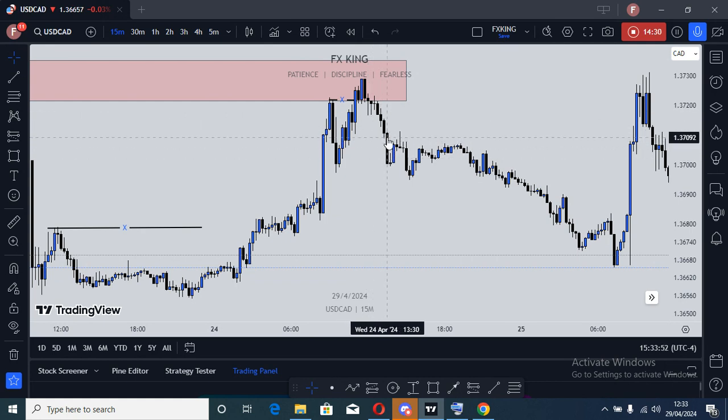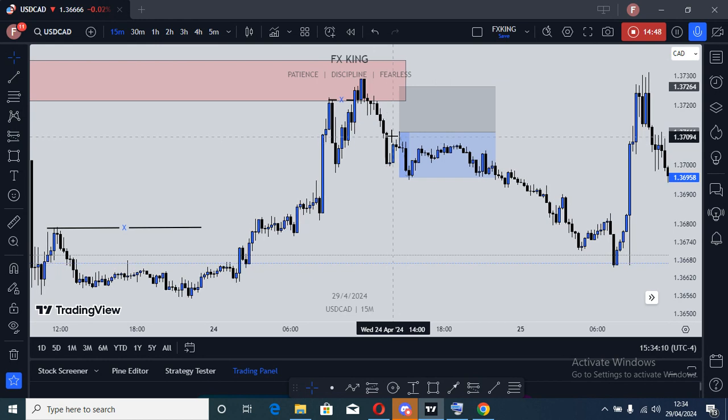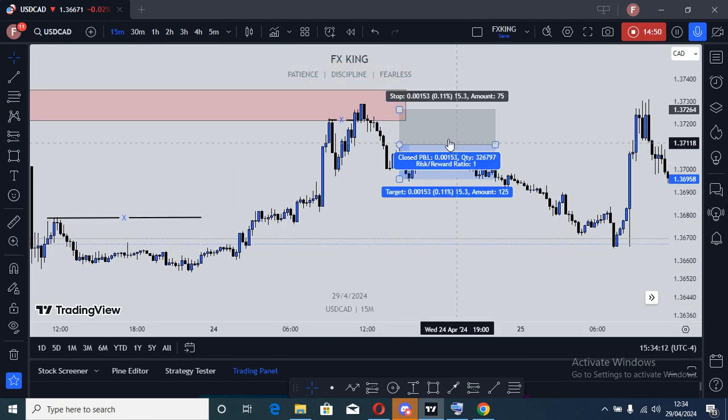Once price closed below this candle, which happened here, all we needed was for price to push and trade back into the zone, which happened here. So this is how our position looked like, the position that you saw from the beginning of this video. This is how the position was taken.